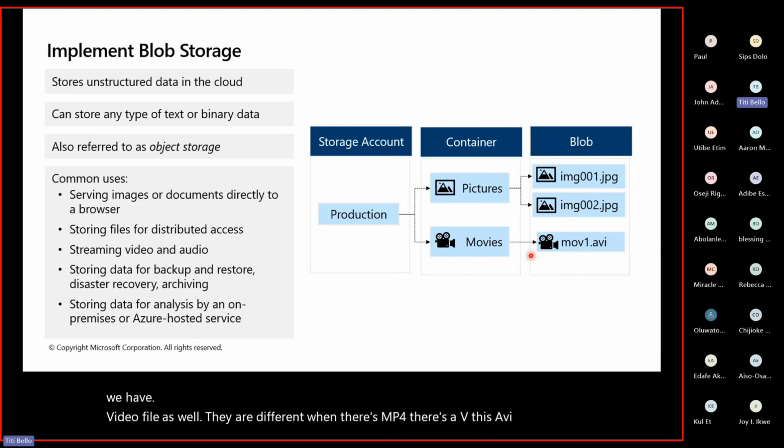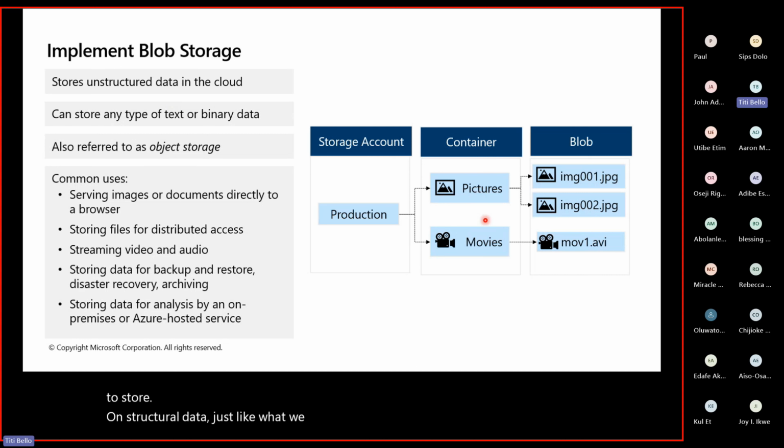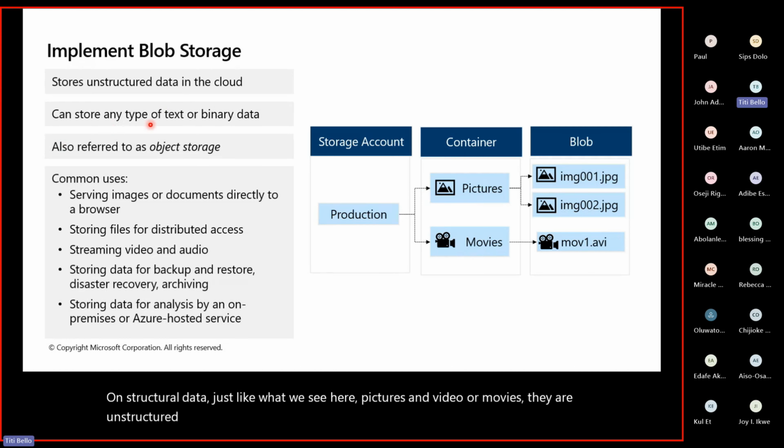There are a whole lot of other ones that you can use. So blob storage can be used to store unstructured data, just like what we see here. Pictures and videos or movies are unstructured data, and it can store any type of text or binary data.